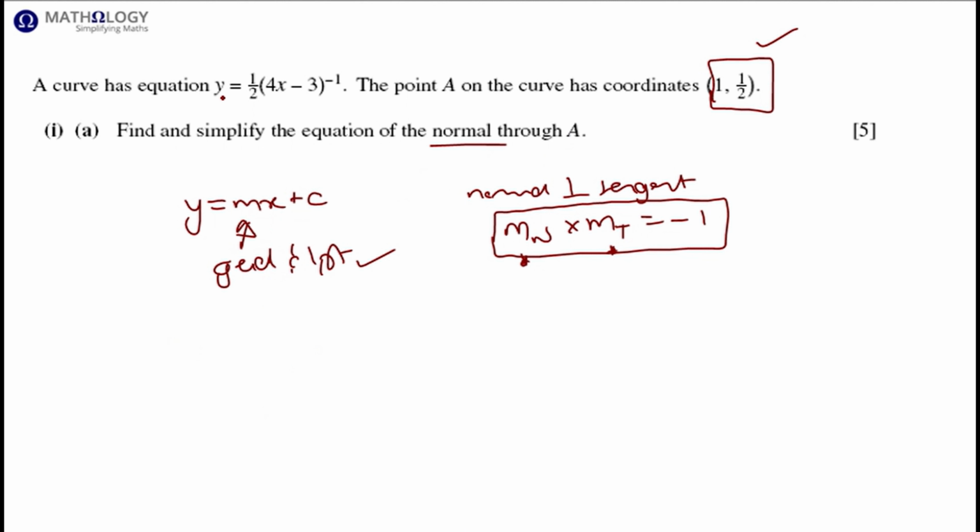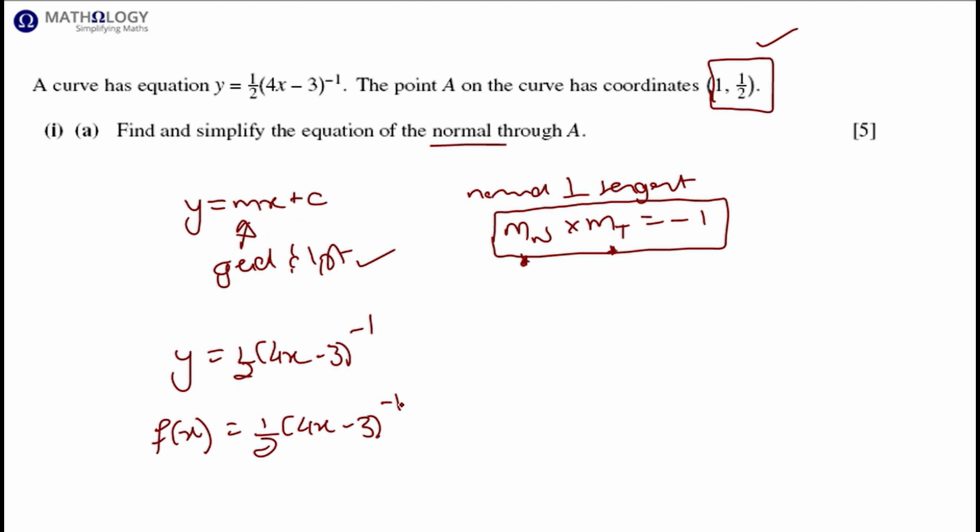So let's write down the curve, y equals a half times 4x minus 3 to the minus 1. It's just a personal preference to work with f of x notation as opposed to y. So f of x is a half times 4x minus 3 to the minus 1.